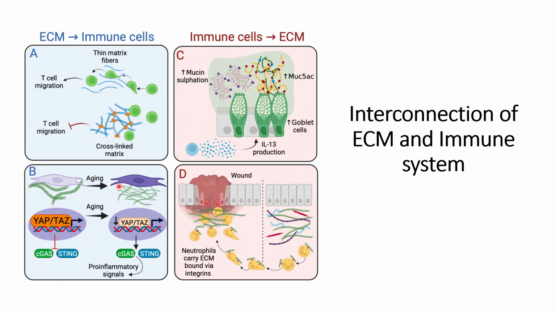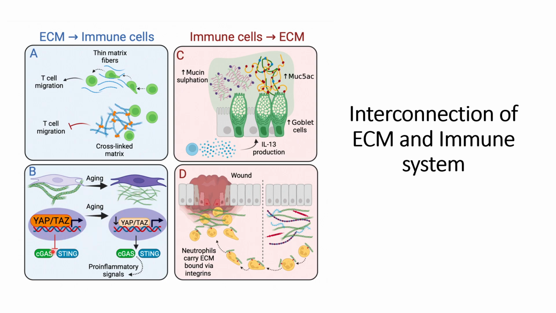Whereas with aging, the cross-linking in the extracellular matrix near the T cells, or the immune cells, has increased, thereby preventing the immune cells from reaching the site of infection, or the site where they are required. This could be one of the reasons why people face difficulty or have a low immune response with aging.